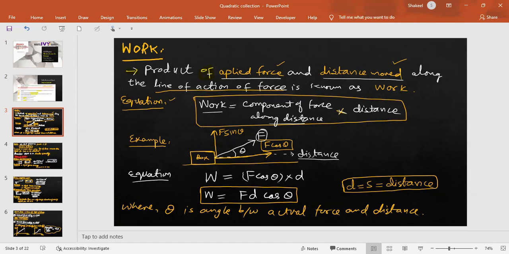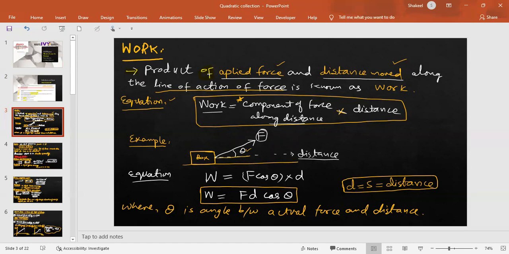Well, let's talk about this component of force along distance. Let's say there is a box, and we are going to apply a force F on it, which is making an angle theta with the direction of the distance. We have to see what the component of force along the distance is.